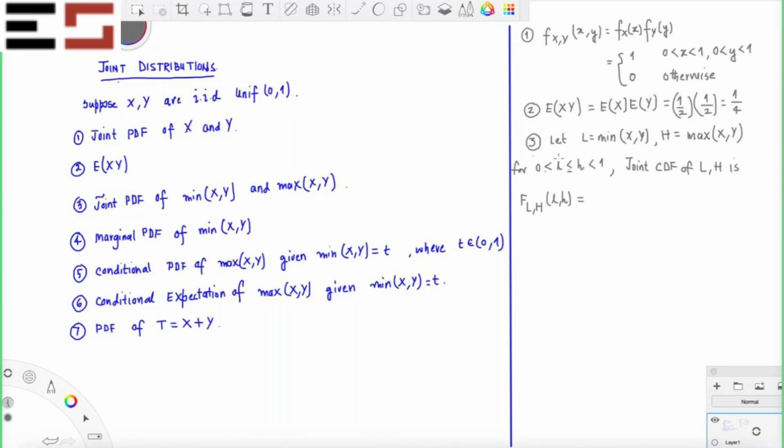Okay, so I have to figure out what is the value of the joint CDF when L and H satisfy this. Let me just give you a picture.